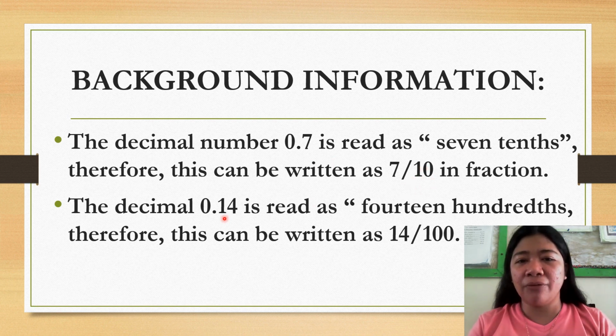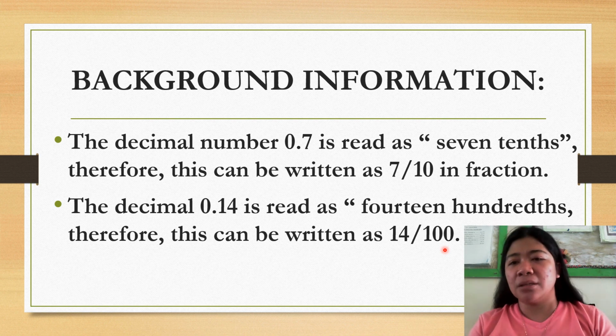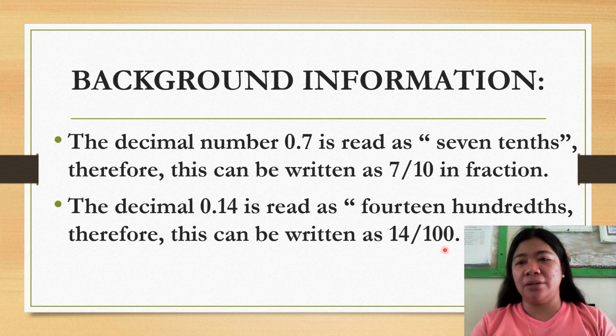Now here in the 14 hundredths or 0.14, we have two decimal digits, 1 and 4, 14. So here in the denominator, we also have two zeros, but that is the short way method. Later on, I will show you why 10 is the denominator and why 100 is the denominator.